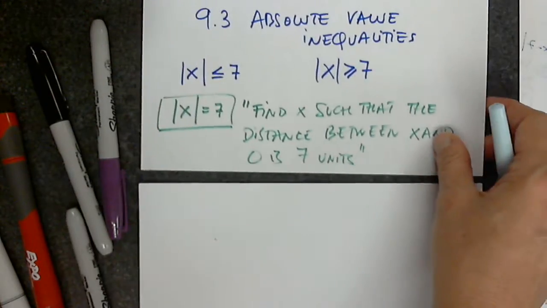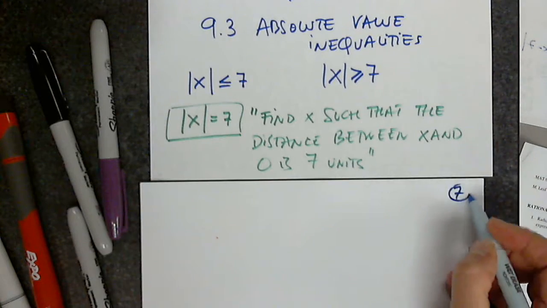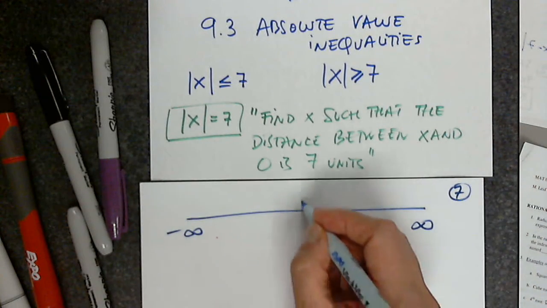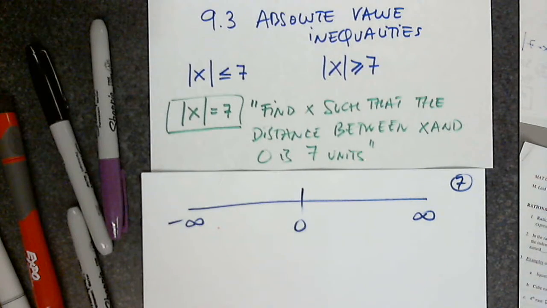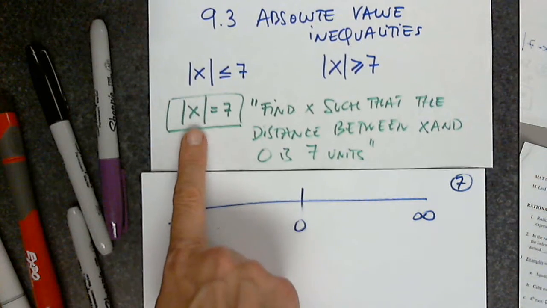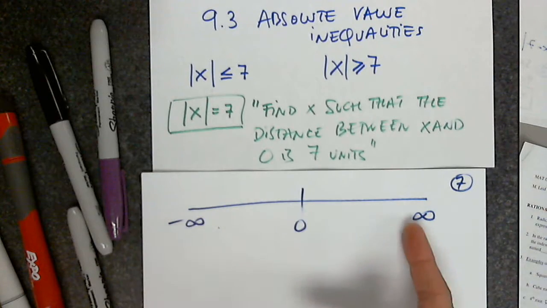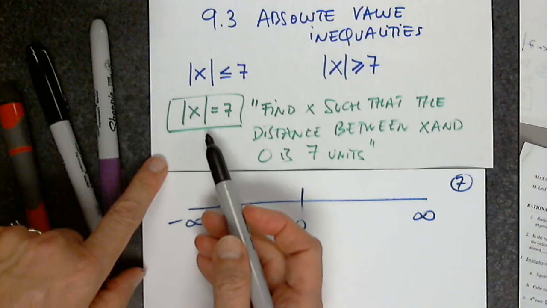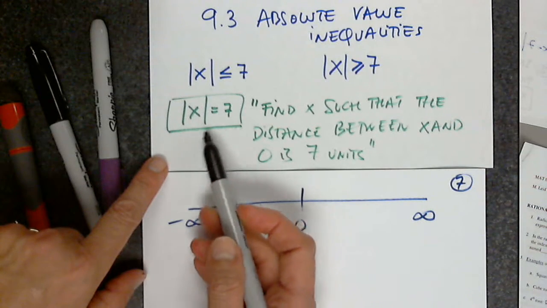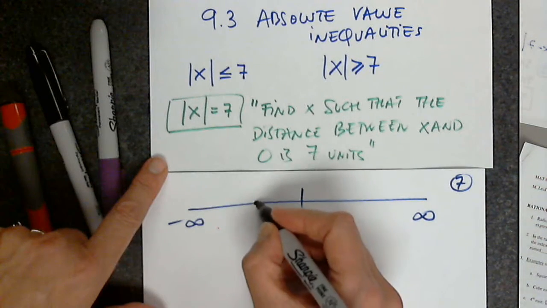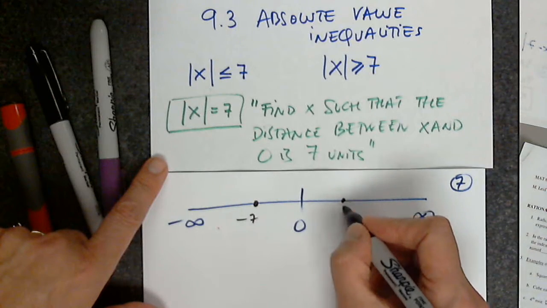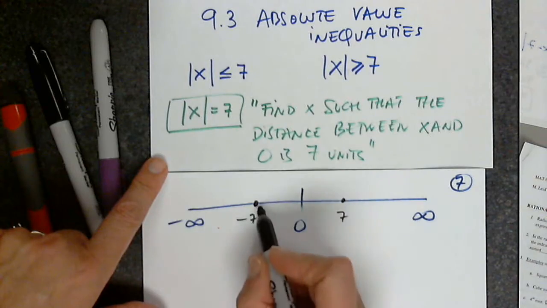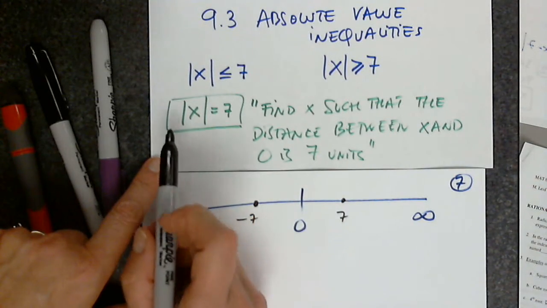So let's look at the real line for a moment. So here's the real line or the number line from negative infinity to infinity. Somewhere in the middle I have 0. Where will I find the solutions of this on the real line? What are the solutions of this equation? Negative 7. Right. So right here at negative 7 and here at 7. So these two x values represent solutions to this.